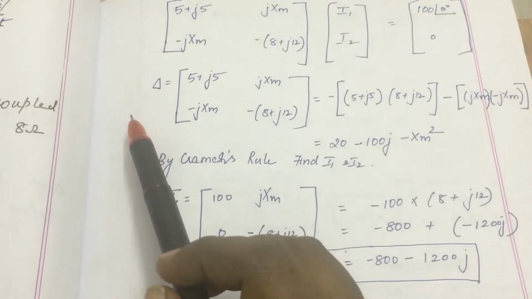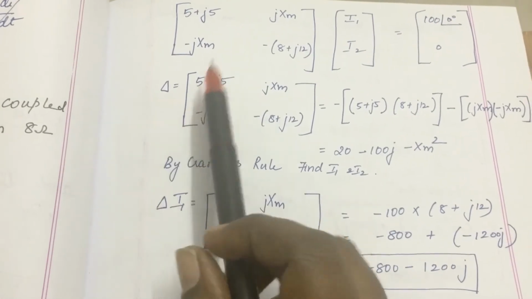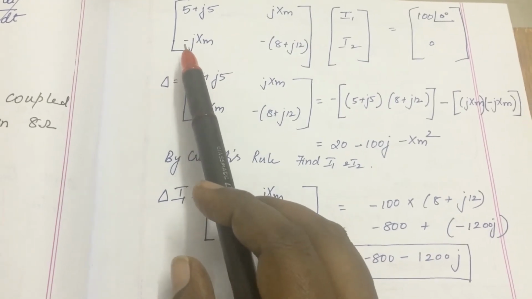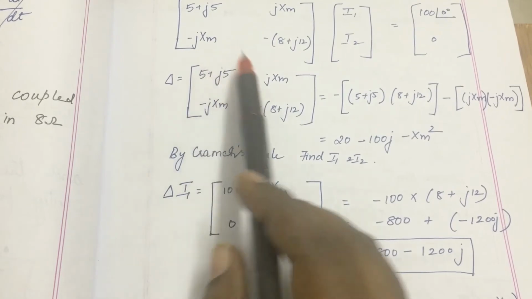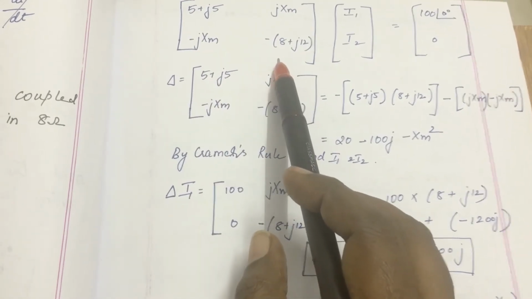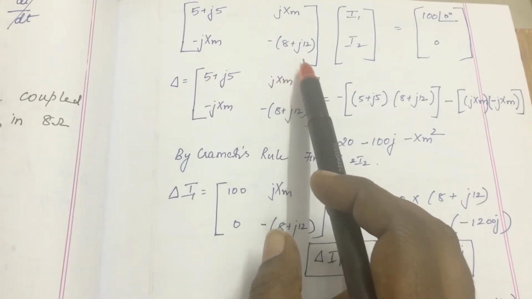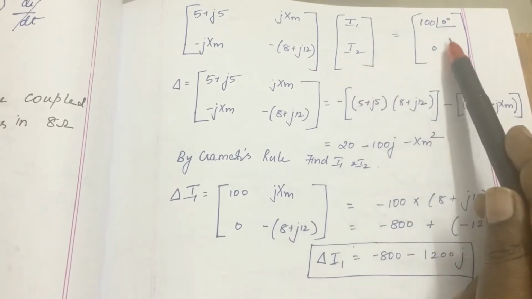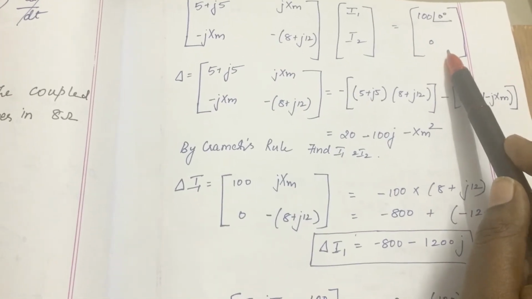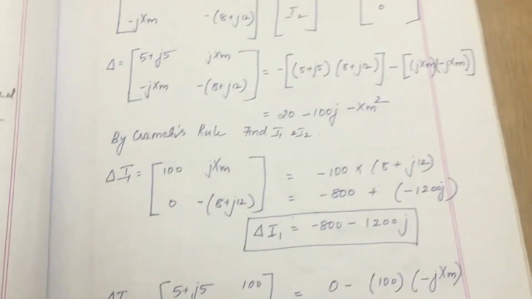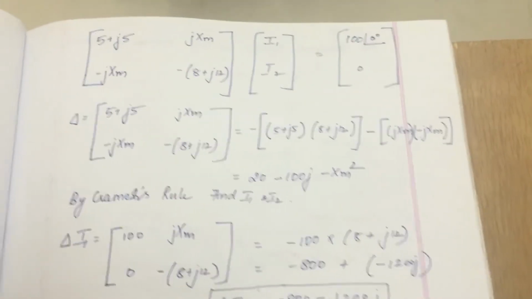So I am going to write the matrix from the equations: (5 plus j5), jXM, and minus (8 plus j12), multiplied by I1 and I2. My right hand side is 100 angle 0 and 0. From here I am going to find the determinant value.